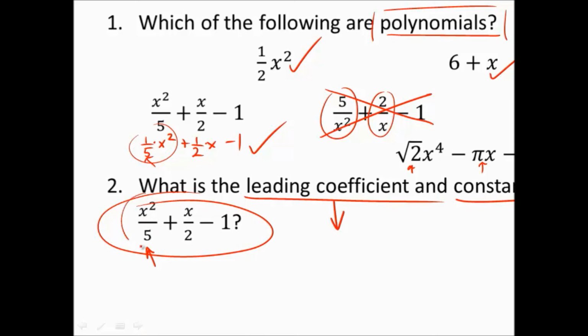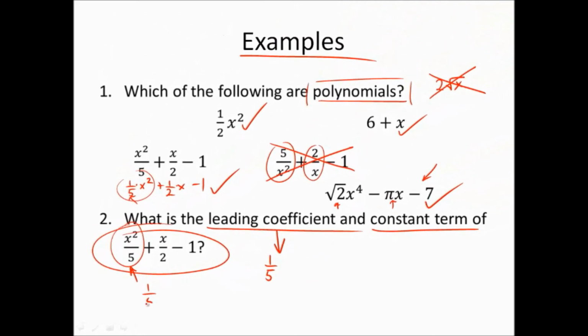So, what is the coefficient of the first term? Well, the number that is multiplied to the variables is 1/5. Remember that 1/5 times x squared is the same as x squared over 5. The constant term is the term with degree 0. So in this case, it is -1.